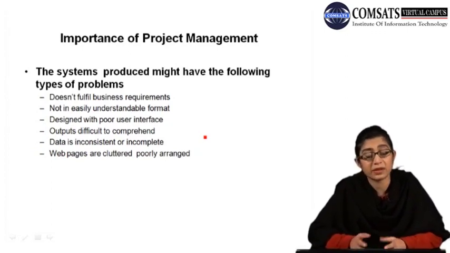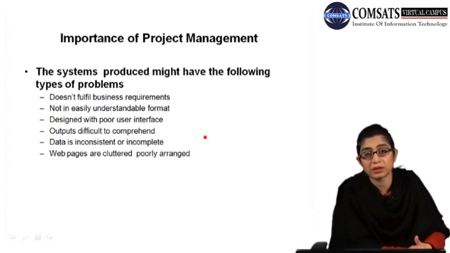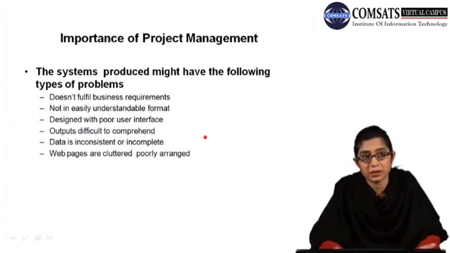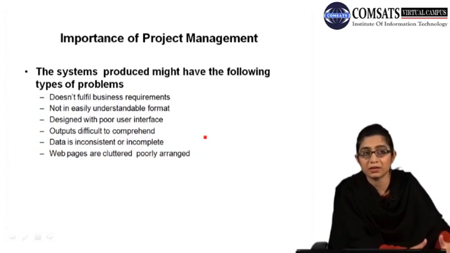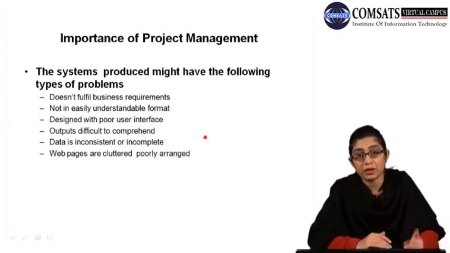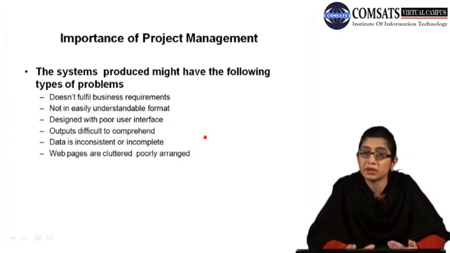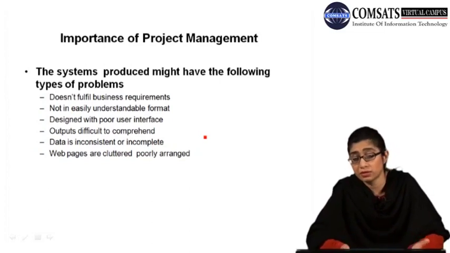So, end में क्या होता है that if that system fails to deliver what you want it to deliver, तो वो क्या होता है, either that system is not used at all. So you spent money on a system that is not being used. और ये होता है that it is not being used to its full potential. ये भी हो सकता है उसके कुछ features use कर रहे हैं, कुछ features use नहीं कर रहे हैं.